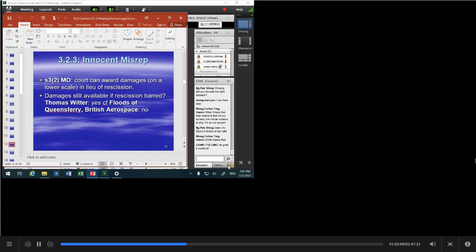But with regard to mutual mistake, it's where the parties are at cross purposes, and this is illustrated by the case of Raffles and Wichelhaus. In this particular case, both parties made a contract to hire out a ship called the Peerless. Turned out there were two ships called the Peerless.